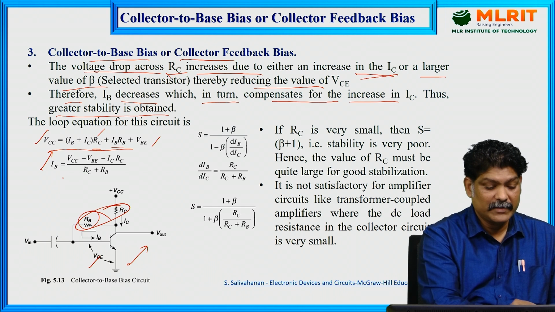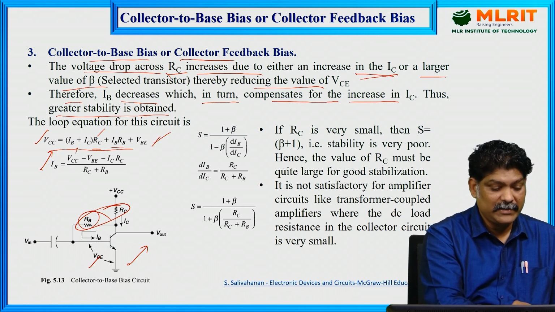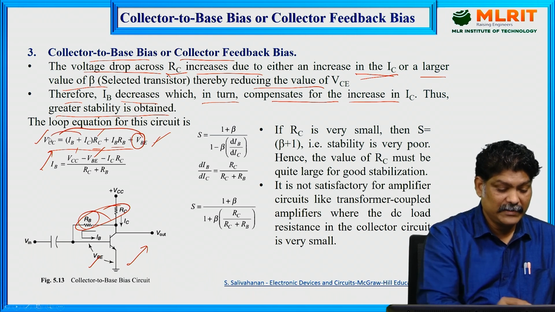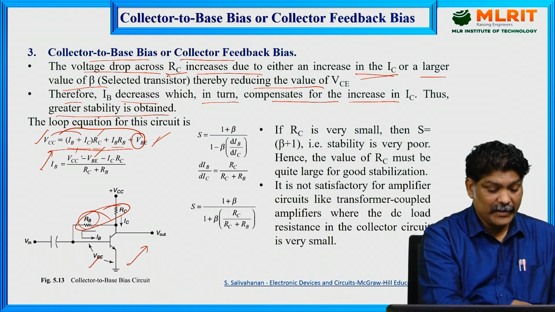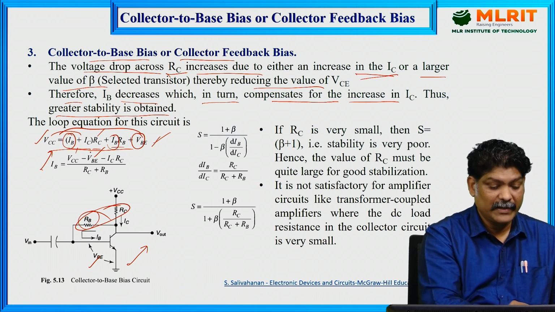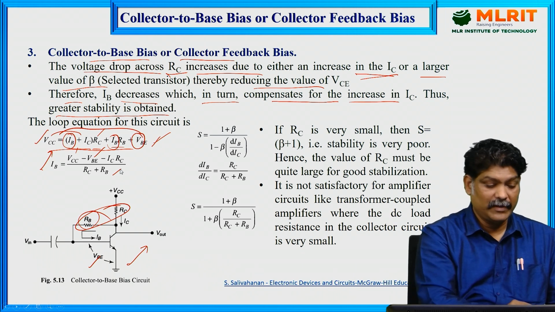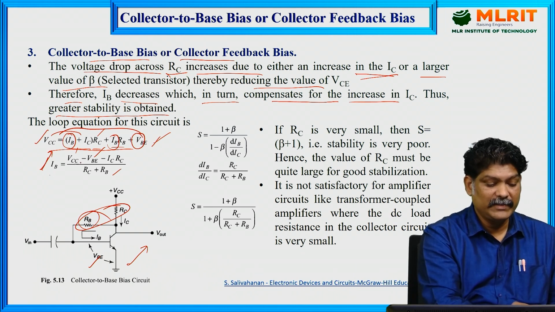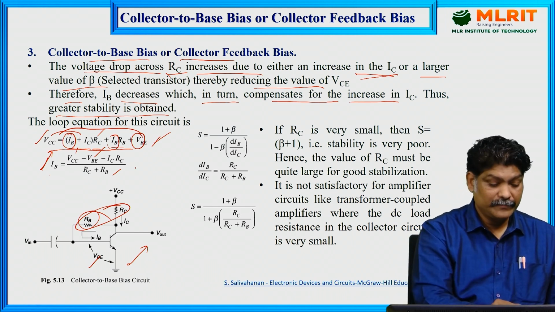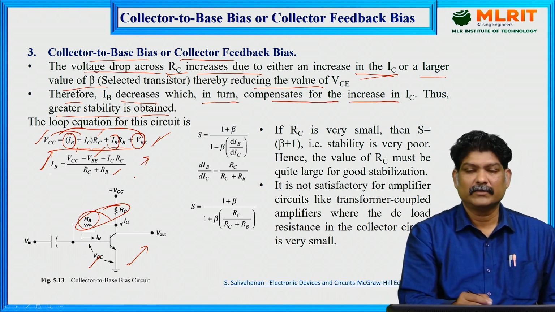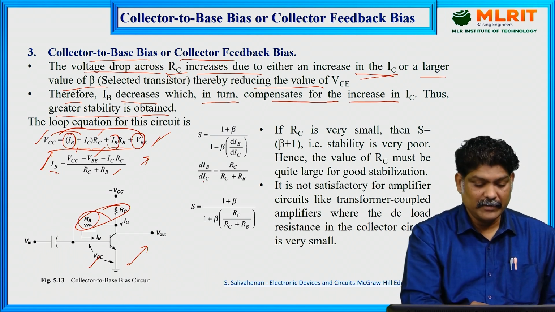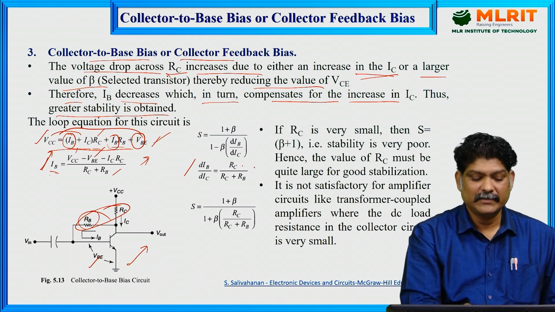The base current expression is IB equals VCC minus VBE minus IC RC, where we combine the IB terms, so you get RC plus RB. So IB equals VCC minus VBE minus IC RC by RC plus RB. Now, as usual, differentiate this IB with respect to collector current IC, and you will get RC by RC plus RB.